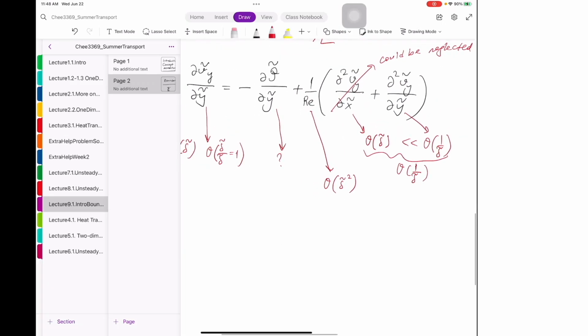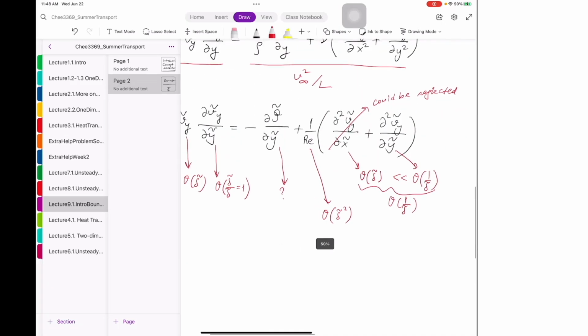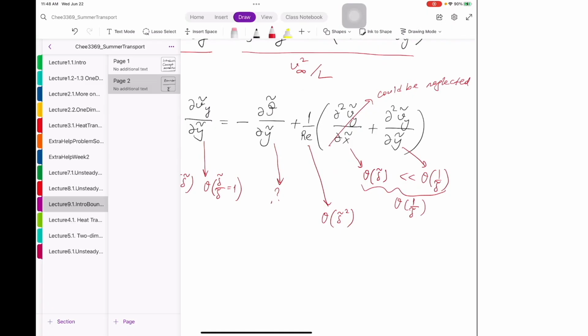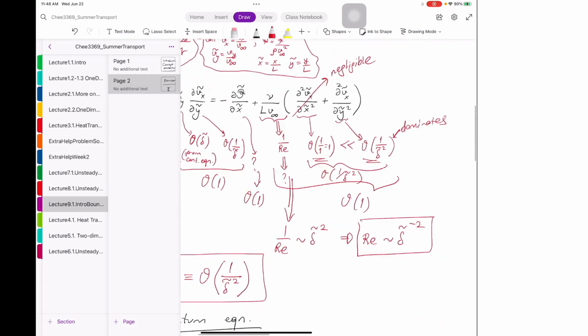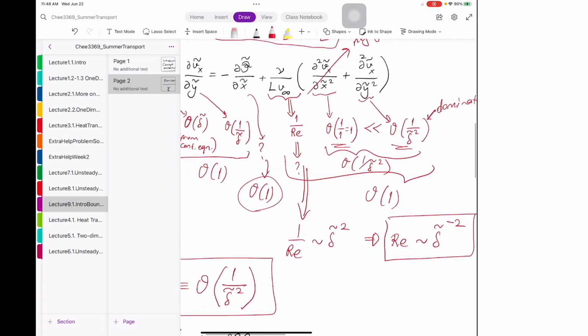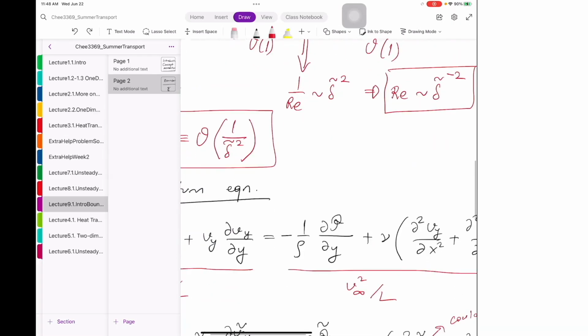Okay, there you go. But this tells you something very important. So this must be in the order of delta tilde, right? But the previous gradient of the pressure was in the order of 1. So you can say which one is larger, del p tilde over del x tilde, or its y component derivative.